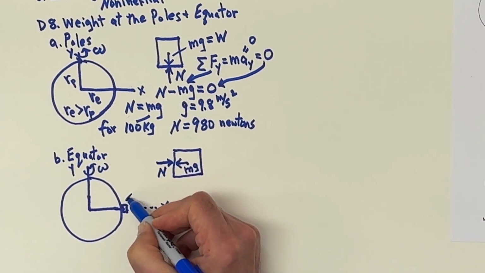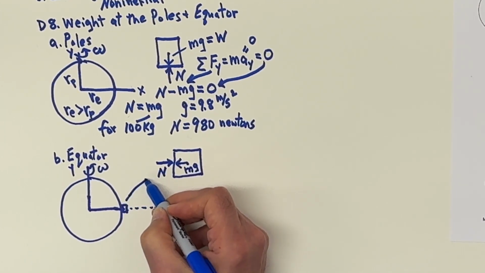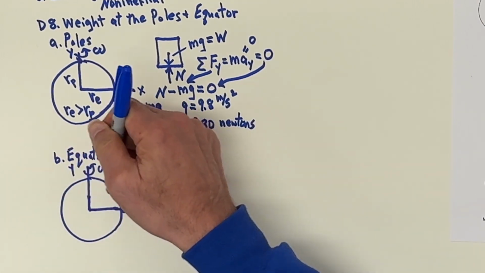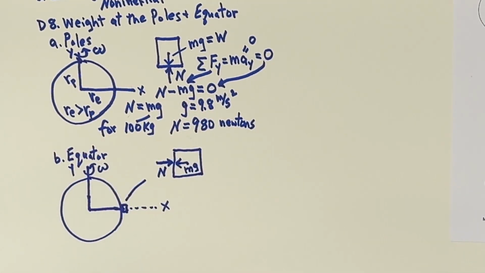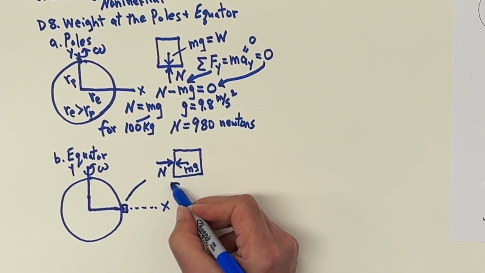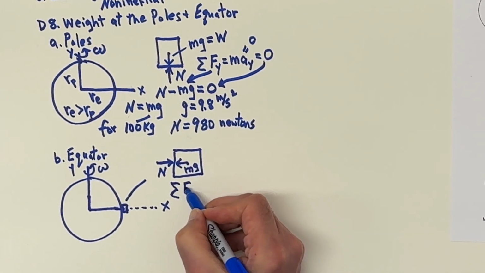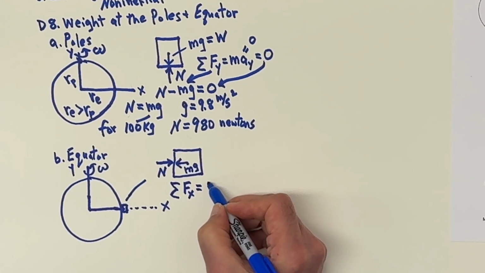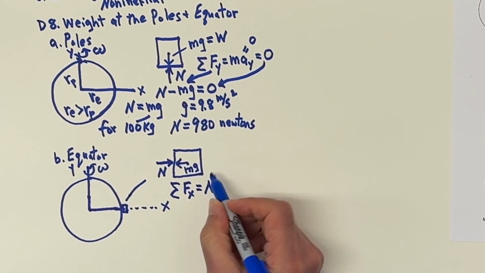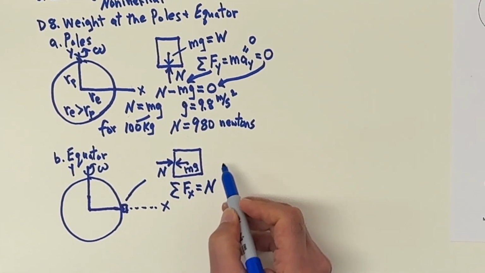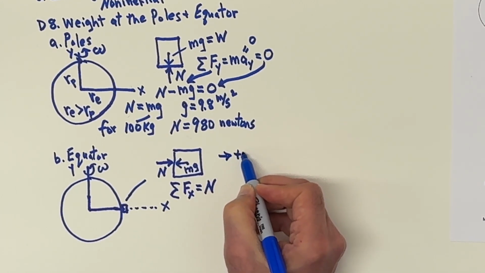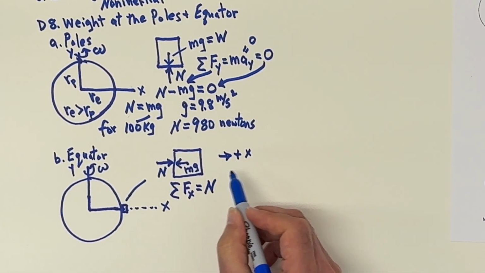But now we have to worry about something else, and that is, since we are undergoing an acceleration, we've got to bring that acceleration into play. So to be very careful, we can say that the sum of the forces in the x direction would be the normal force pushing in the positive x direction. Remember, this direction here is positive x.